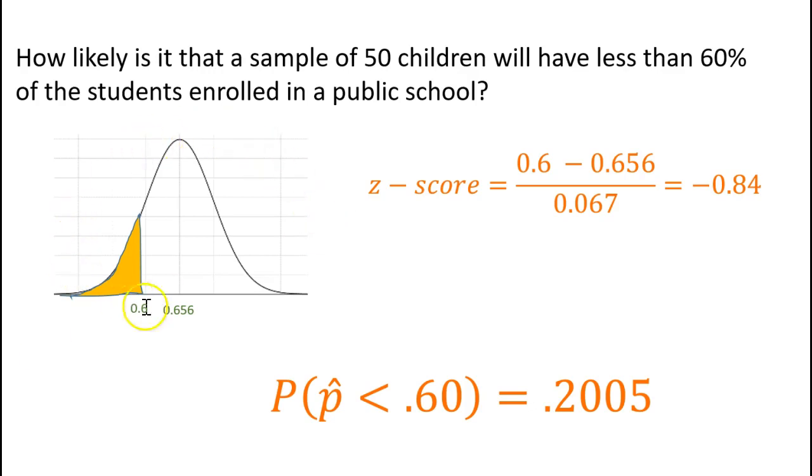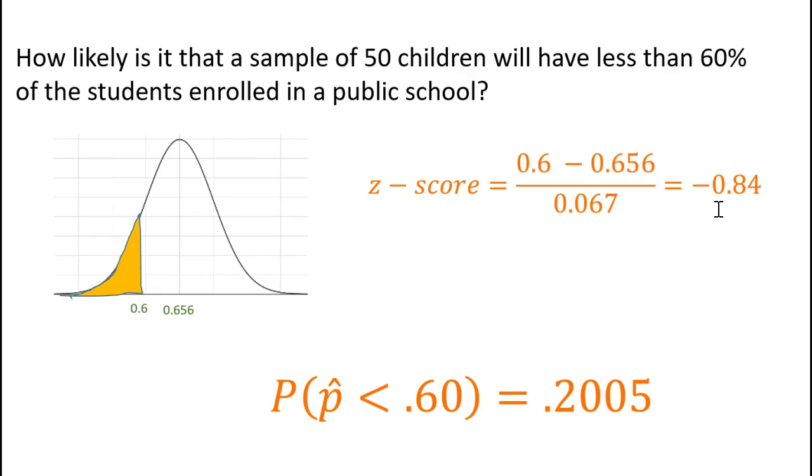So looking at our picture here, here's the normal distribution. Shaded in is the area we're interested in. So previously we saw when we needed to find this area, the first thing we would do is find our z-score. So notice we have the value we're interested in minus the mean divided by the standard deviation, giving a z-score of negative 0.84.